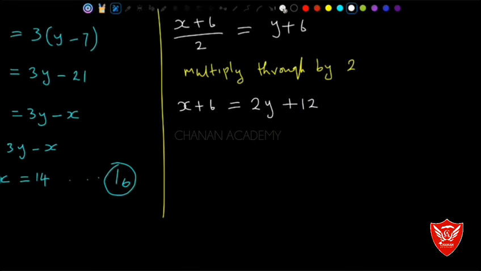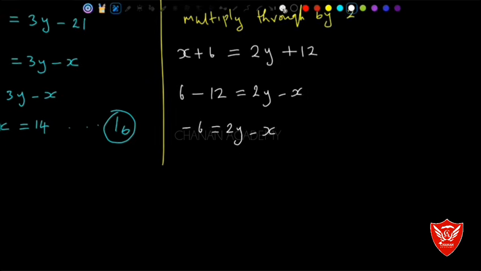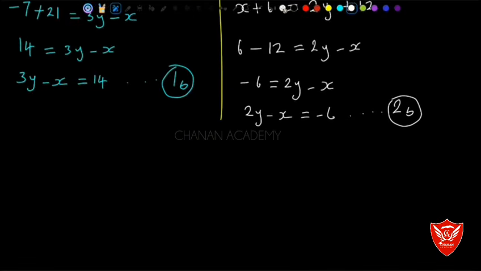Now if we take like terms, we are going to have 6 minus 12 equal to 2y minus x. This is then going to be minus 6 equal to 2y minus x, which is the same thing as 2y minus x equal to minus 6. And this is our new equation 2b. So now we are going to solve using equation 1b and equation 2b.